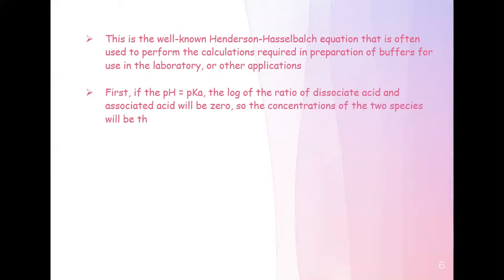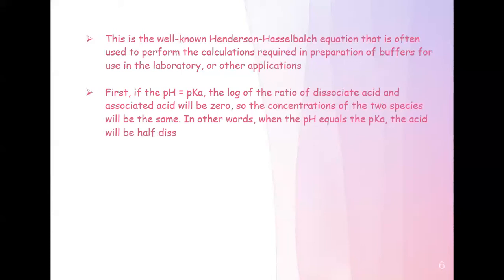So concentration of the two species will be same, and in other words we can say that pH is equal to pKa. At that time, concentration of salt and acid will be same, and acid will be half dissociated. That is, half neutralization of acid is there when your pKa value is equal to pH value.